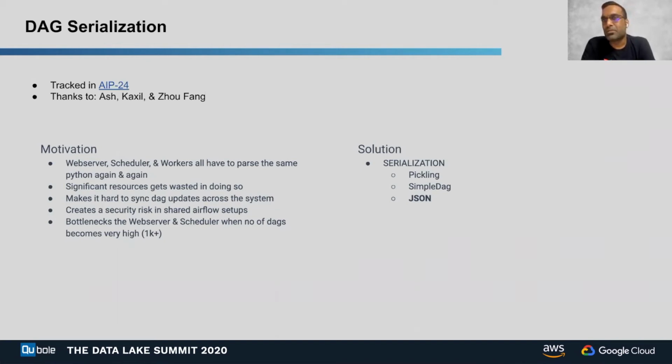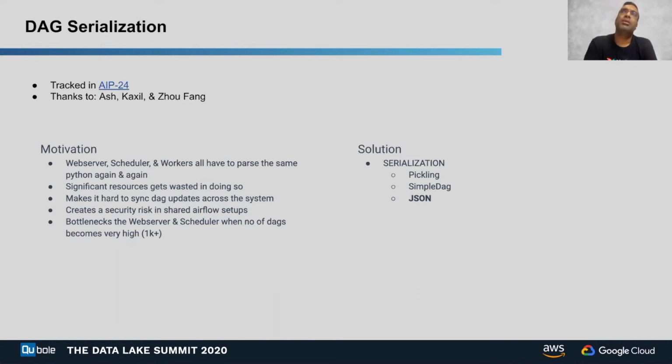The second one is the SimpleDag. The SimpleDag is basically a simple representation of the DAG, so that processors can have it in memory, and all the DAGs they have, they can represent as SimpleDags. It should have just the required arguments and nothing else. The main problem here is that it might not have all the attributes, but I think that can be solved.